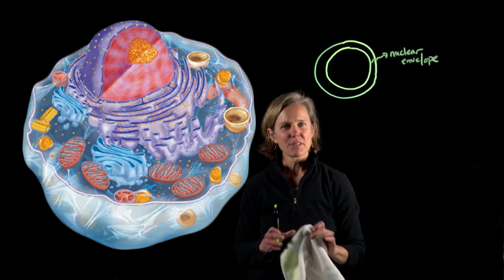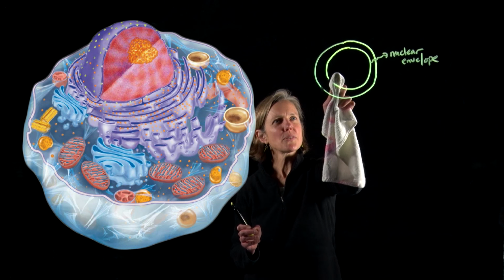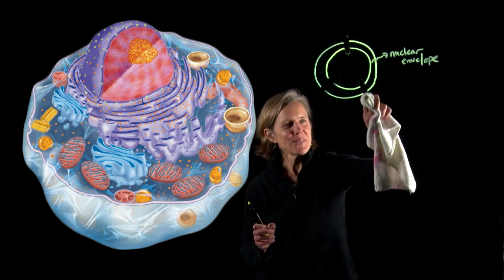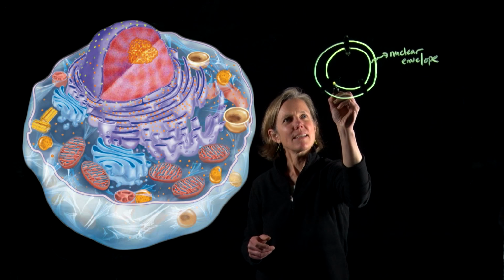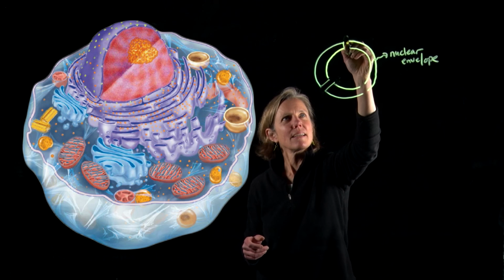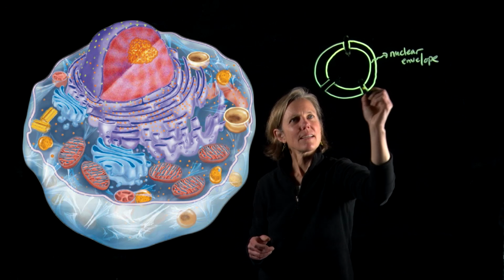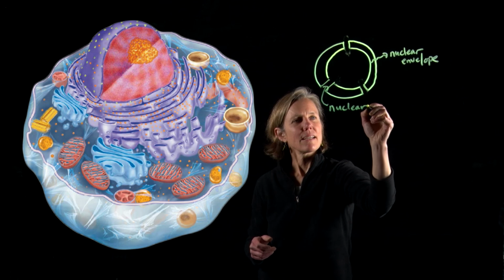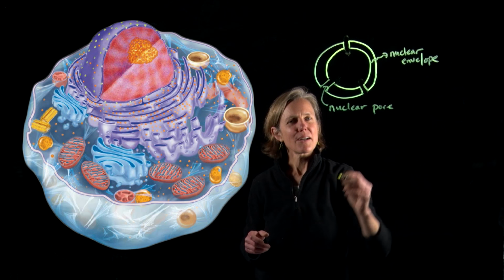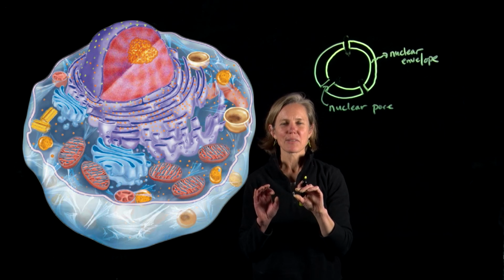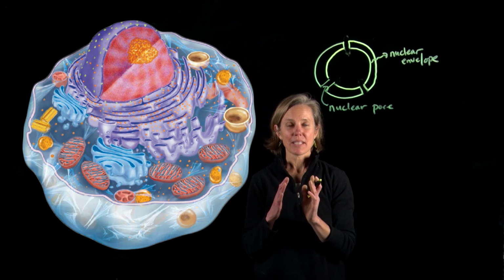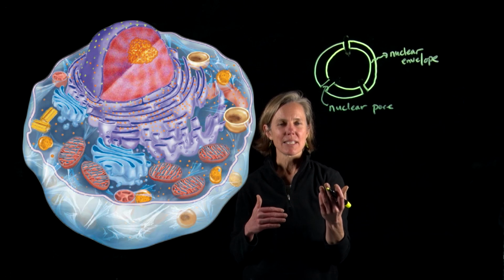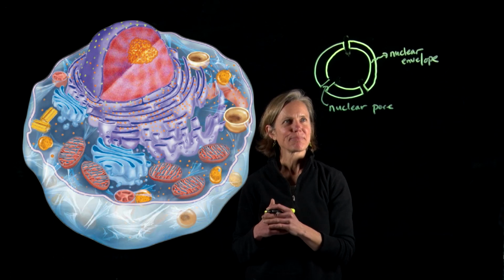And the nuclear envelope is studded with pores called nuclear pores. These are literally holes in the nuclear envelope that are lined with proteins that allow molecules to move into the nucleus and out of the nucleus.